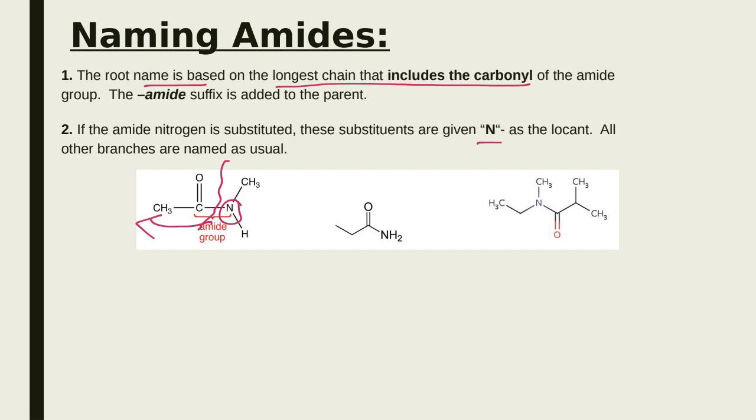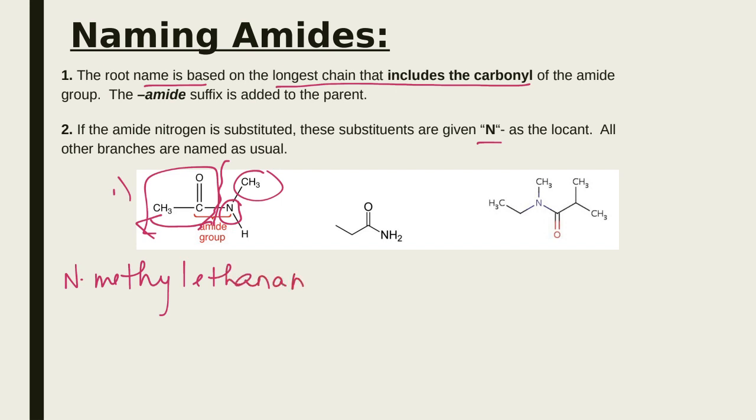So whatever is attached to the nitrogen, we would state that branch and use the letter N. So in this first example right here, I have a methyl attached to the nitrogen. So I'm going to say N-methyl. And then my parent is a 2-carbon amide. And there are no branches there. So we're just going to call it ethanamide. So we use amide as the suffix.